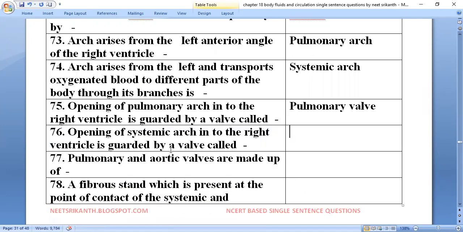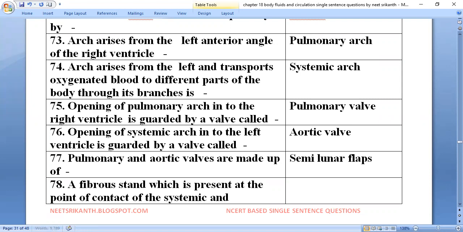The opening of the systemic arch into the left ventricle is guarded by the aortic valve.